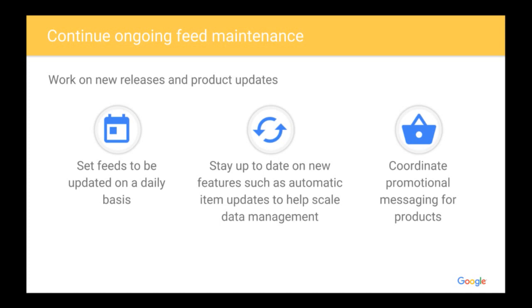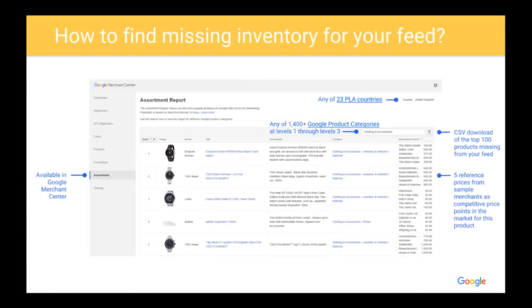Stay up to date on features like automatic item updates to help scale data management, and feed rules coming up. Stay tuned to the Inside AdWords blog, where we make a lot of our announcements, and our Google Plus page as well. Coordinate promotional messaging for products, and make sure that you give yourself enough time to use these tools and update things accordingly.